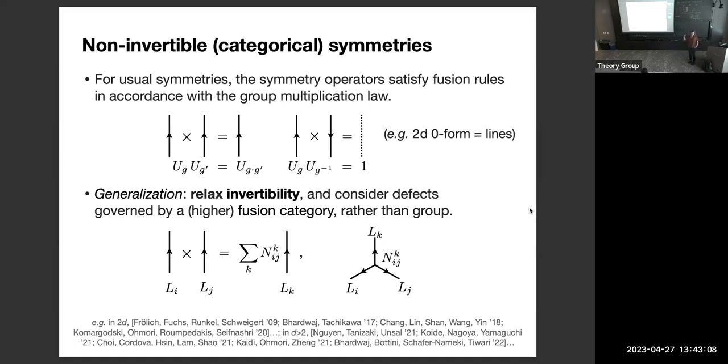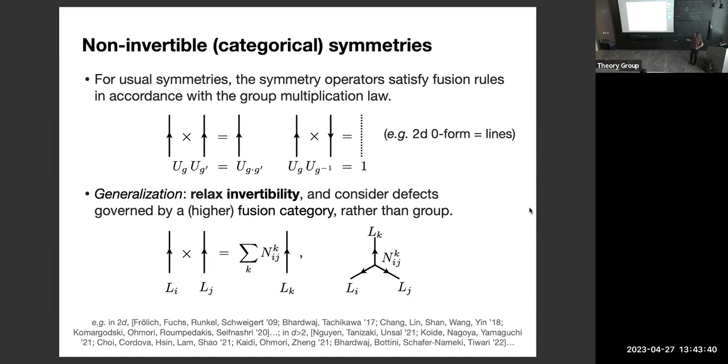You can imagine drawing more complicated pictures for higher dimensional objects. So I can fuse together two symmetry operators. I put them parallel to each other and bring them very close, and then I can think of the composite operator of bringing these two close together. This is basically the OPE for extended operators.